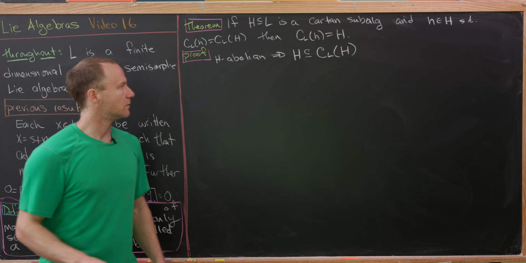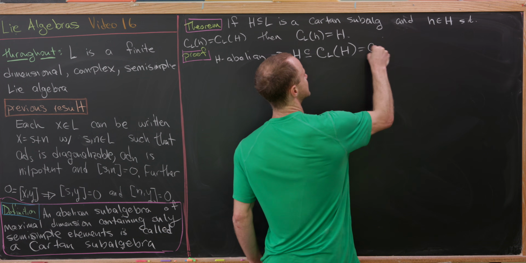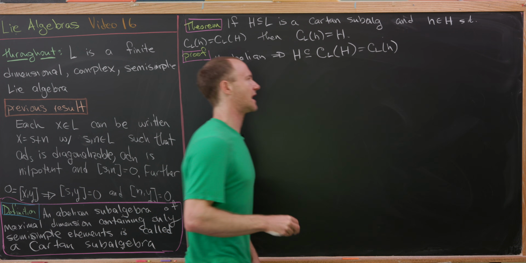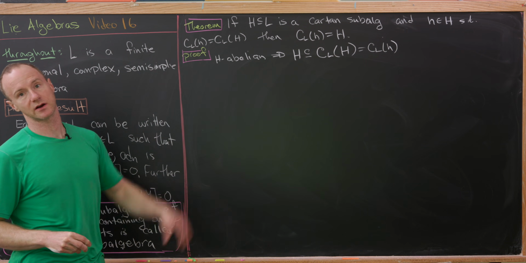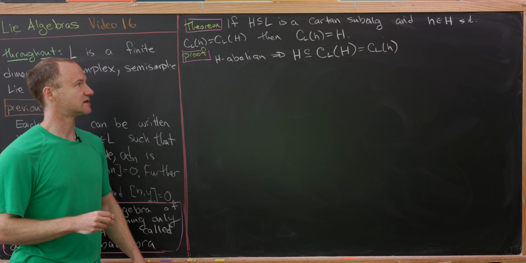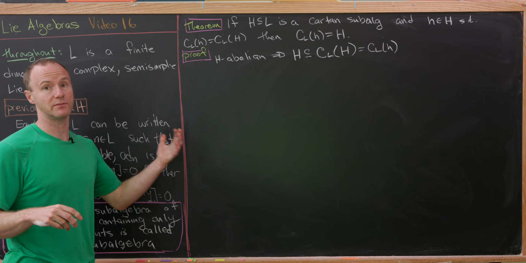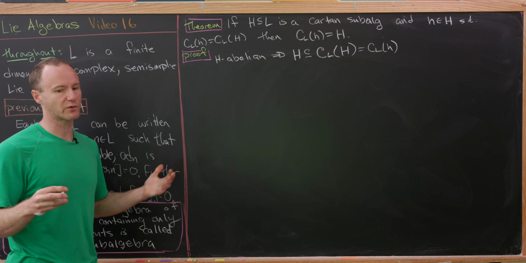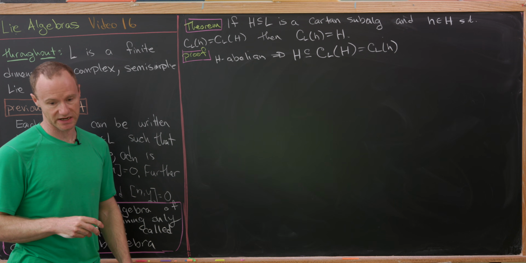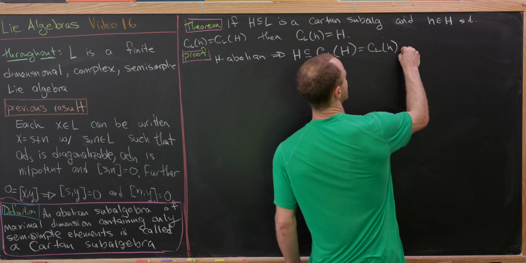Okay, but that was equal to CL little h by our assumption here. That's how we chose this little h. And like I said before, the lemma before helped us know that we were able to choose such an h. Okay, so now where do we go from here?